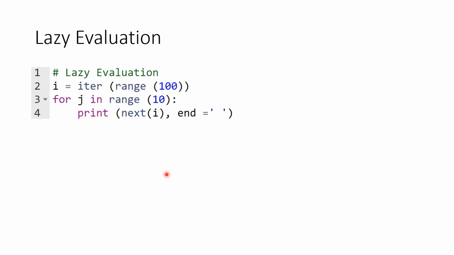Now, lazy evaluation can be understood very easily here. There is a class called range, or we can say the range function also. The range function takes either a single parameter, or 2 parameters, or 3 parameters. It produces a range of objects.